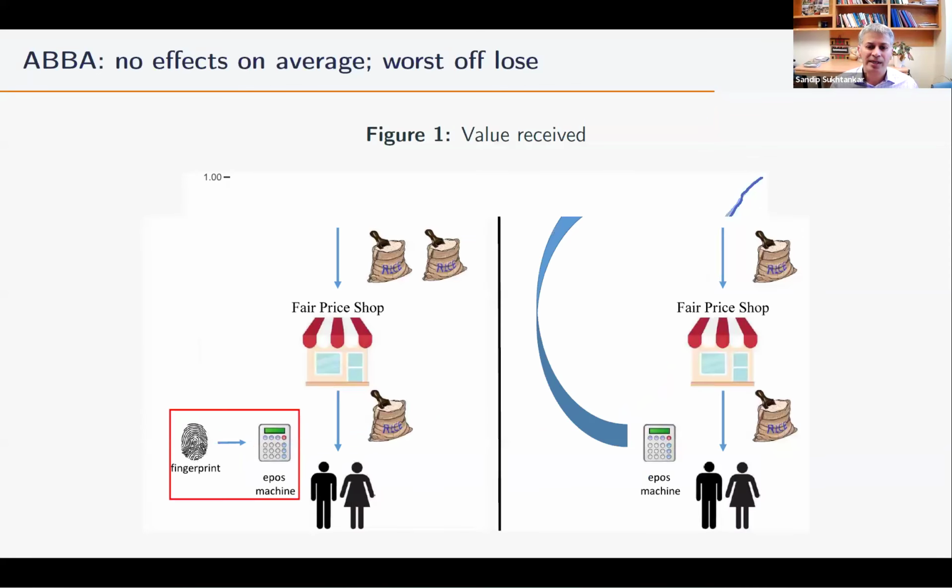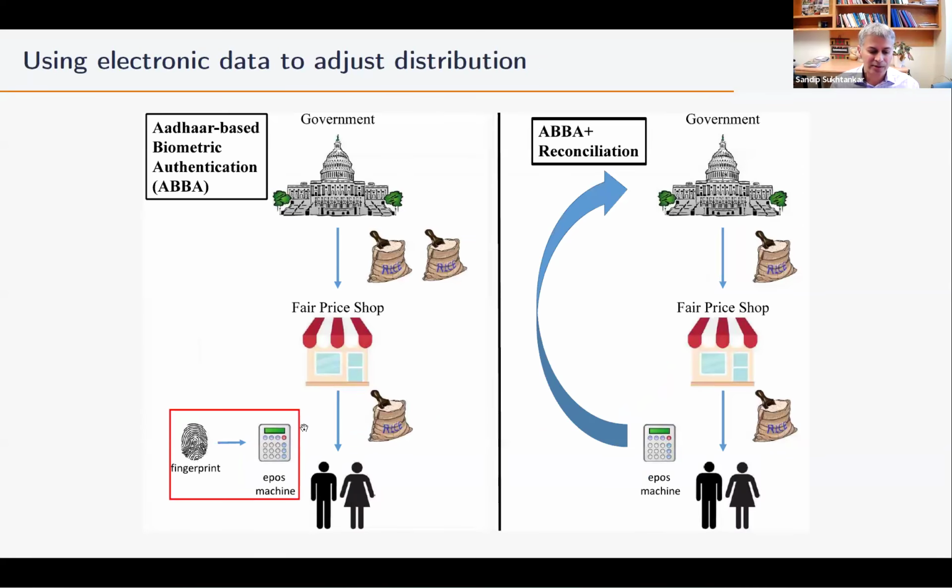The government now decides, well, let's build more on this digital public infrastructure. Let's use the data that we're collecting here to decide how much rice to send out, right? So if in month one, you only have authenticated records for 50 sacks of rice, that means you're only serving 50 customers.